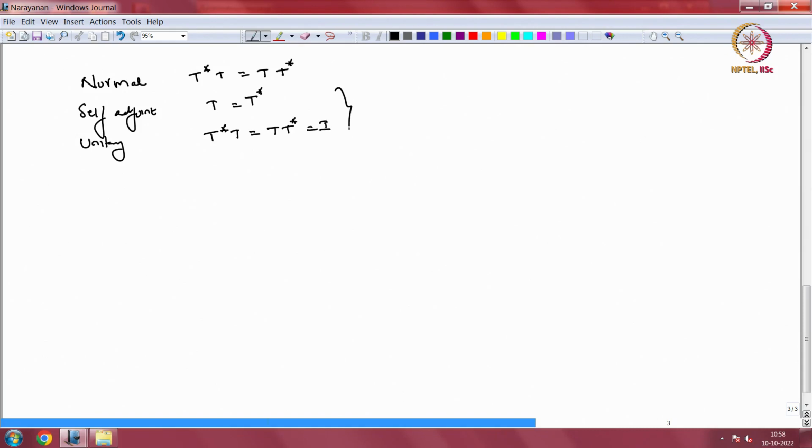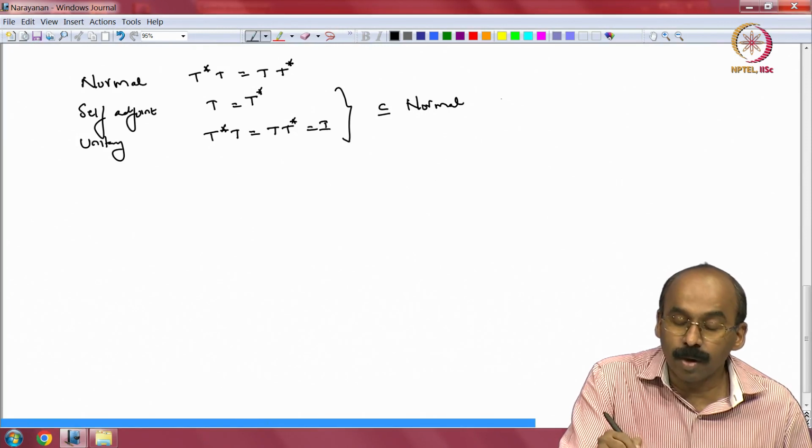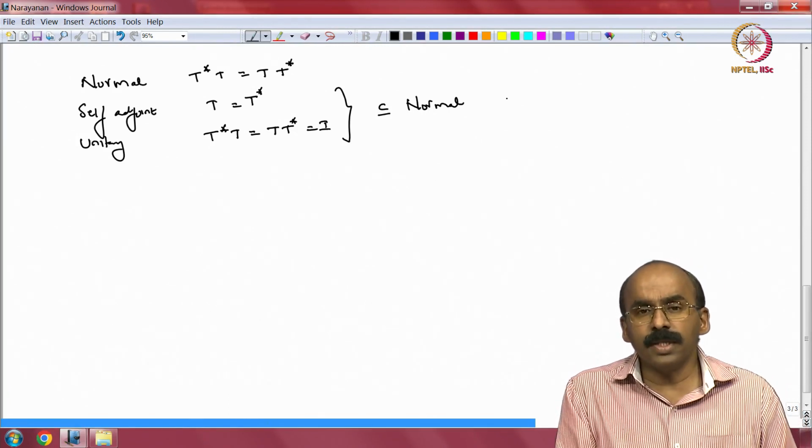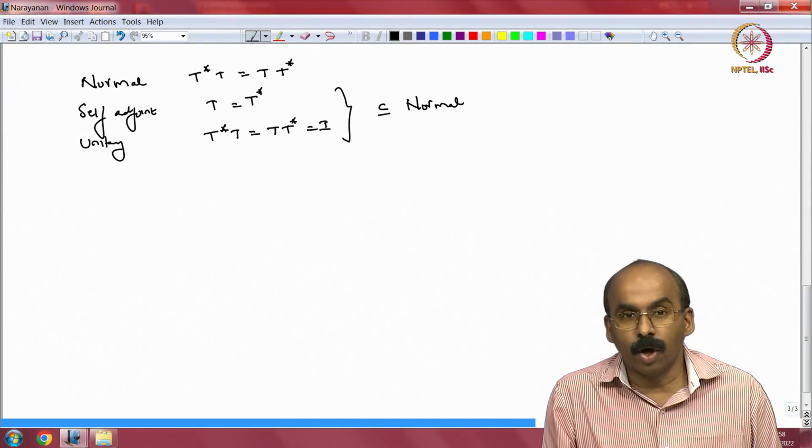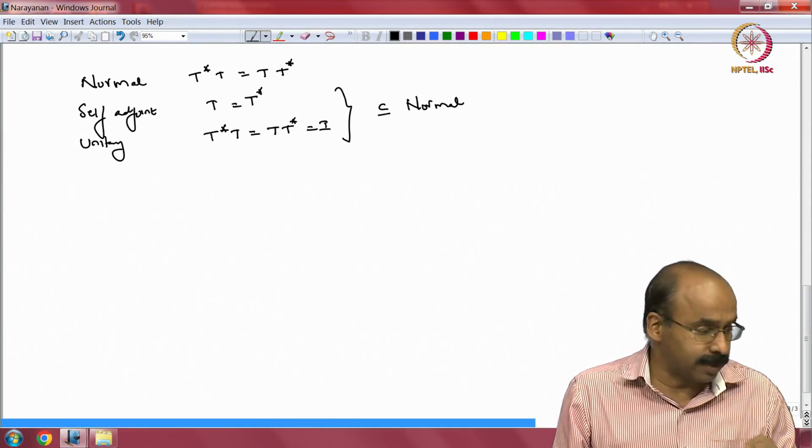So, these two classes of matrices or linear transformations are of course contained in normal ones, right. These are special subclasses of normal linear transformations.